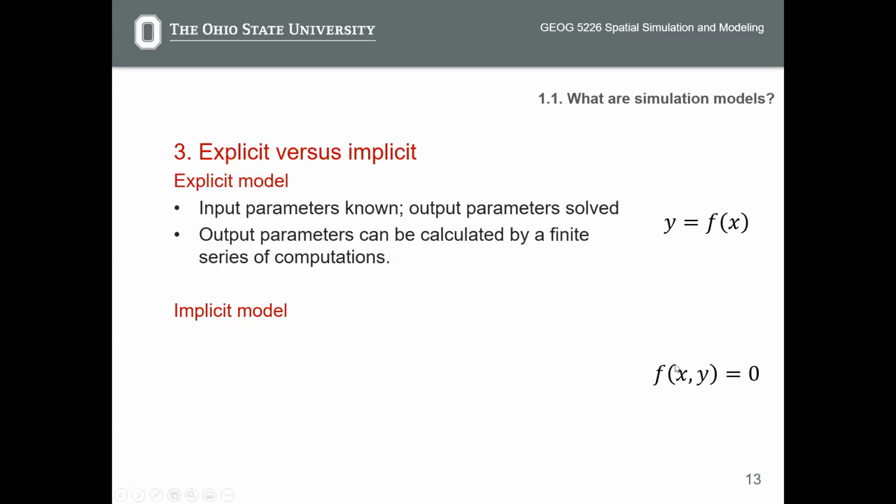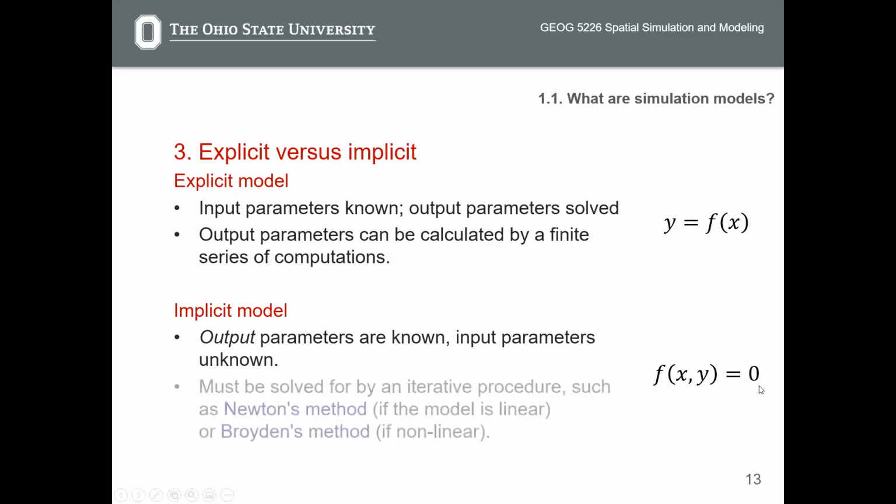It is the opposite scenario of the explicit model, right? For an explicit model, we know input, we want to solve output. But here we know output, it is 0. We want to find out the input. So it's an implicit model. So output parameters are known. For this specific example, the output is 0.